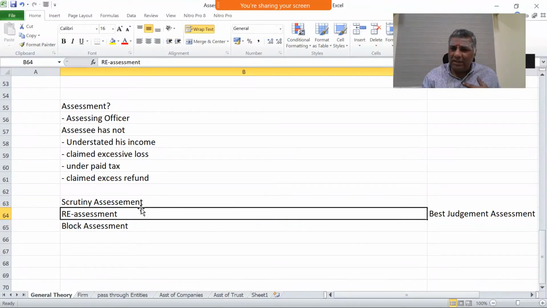So, this is not a separate procedure. This is an extension of these procedures. It's a tail piece. It comes only if the procedures are not properly adhered to.